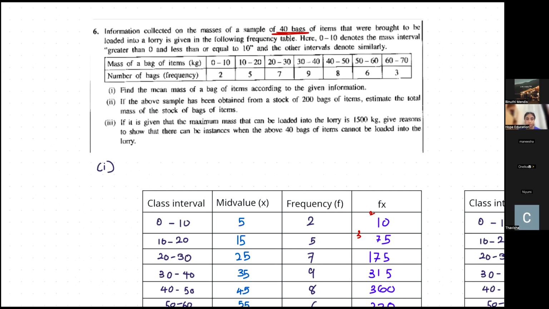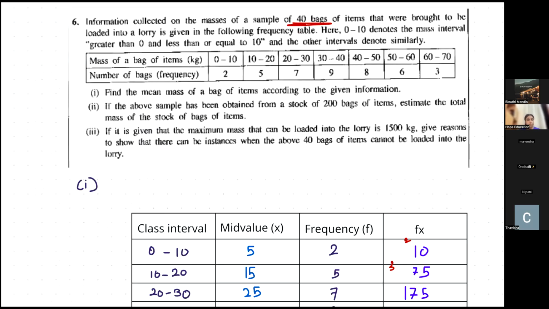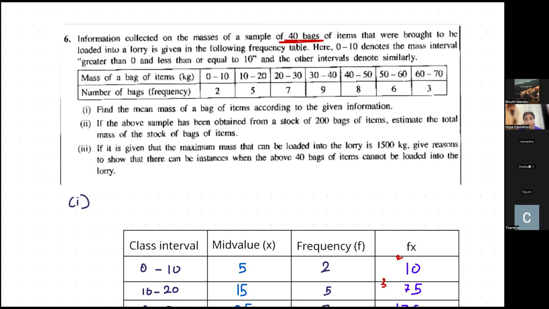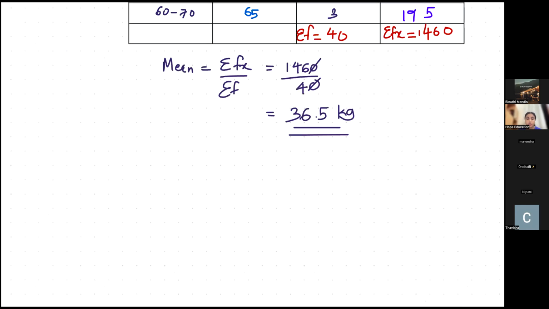Next question. If the above sample has been obtained from a stock of 200 bags of items, estimate the total mass. We took the mean mass of a bag of items, which is roughly the mass of one bag. If there are 200 such bags, we have to get the total mass. So the mean mass of a bag is roughly 36.5.